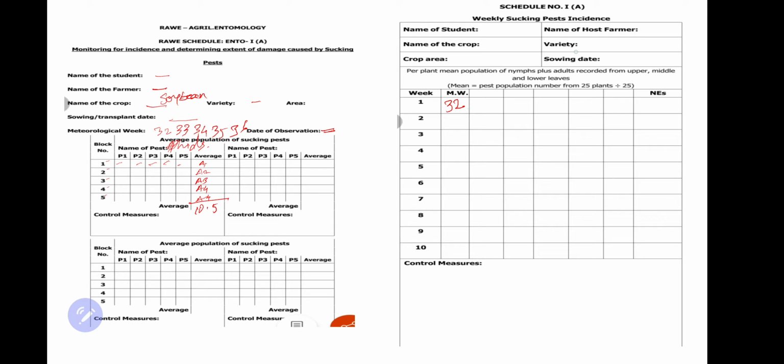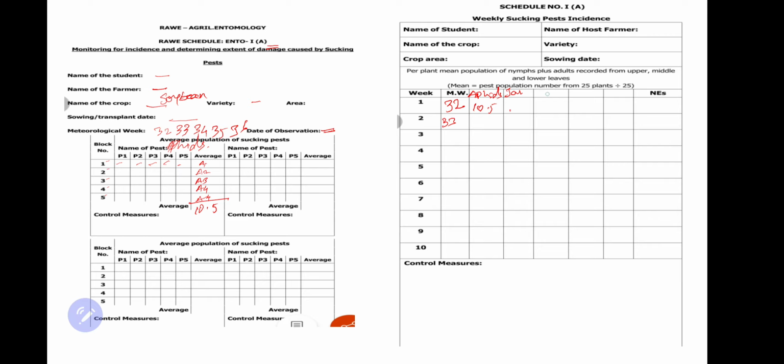Now on the next page, this is the average sheet for schedule number first A. Mention the meteorological week and the average of aphids for week number 32. Similarly 33. If another pest is there like jassids, mention their population.